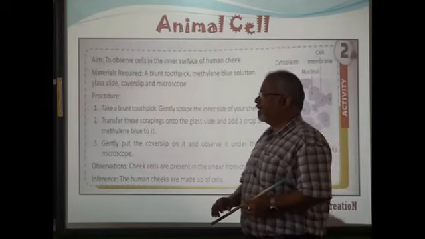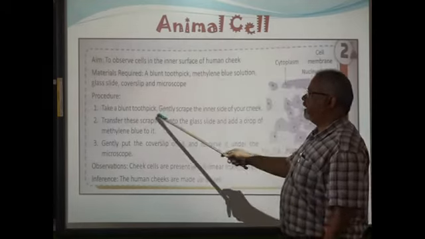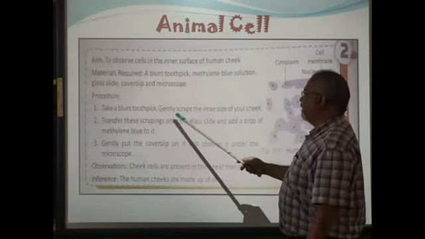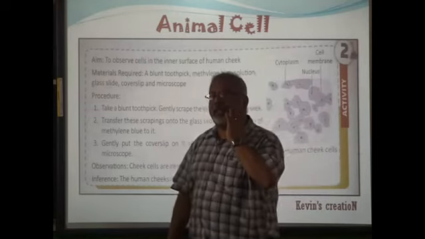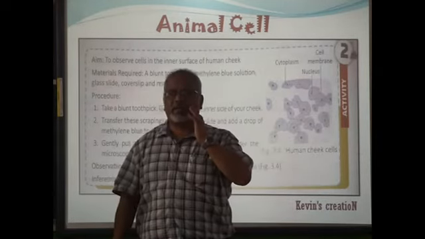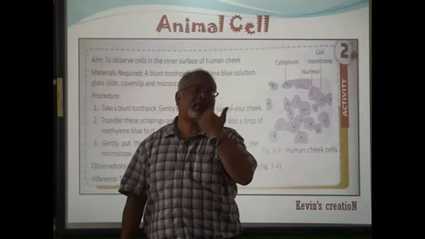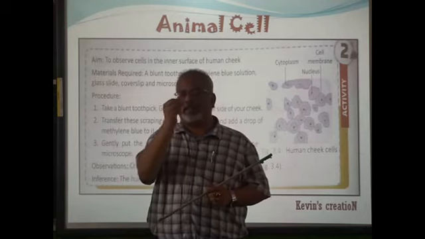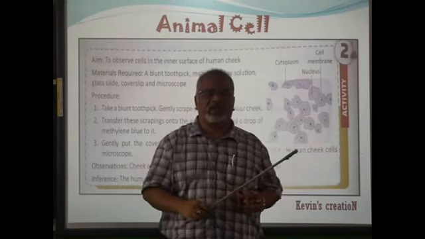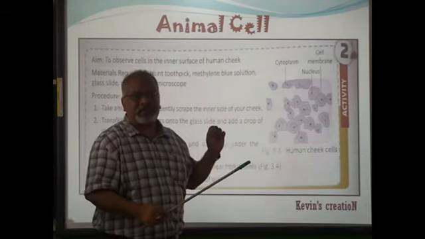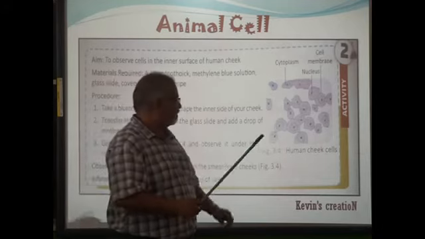Now what you have to do is take a blunt toothpick, not very sharp, and gently scrape the inner side of your cheek. So this is the cheek, but this is the outer side of the cheek. The inner side is from inside. So you have to scrape a little bit from the inner side of the cheek to get the cells.